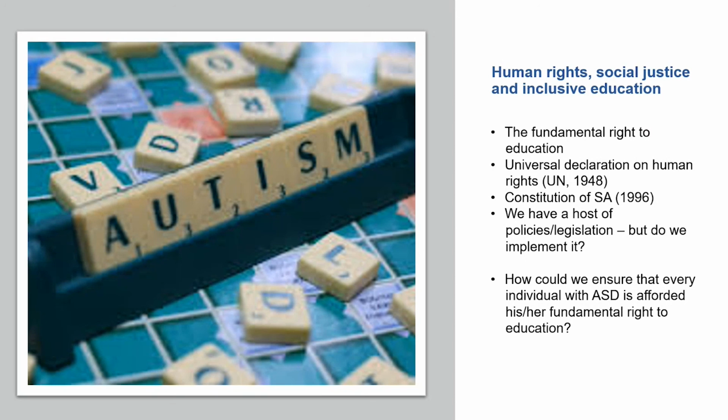And so it goes way back to the Universal Declaration on Human Rights of the United Nations of 1948. And then, of course, we have our own constitution in South Africa of 1996. But there's a host of legislation and policy, treaties, conventions that we have adopted in the last several decades.